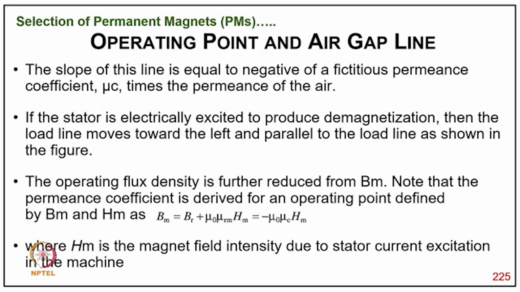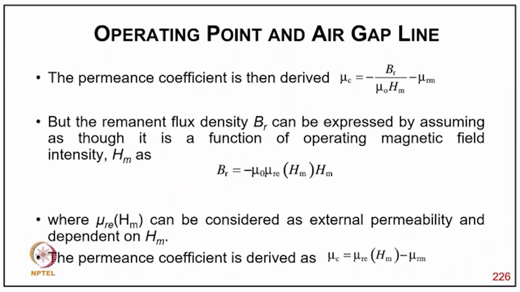So, Bm equals Br plus mu 0 mu Rm Hm, or equal to minus mu c Hm, where Hm is the magnetic field intensity due to the stator current excitation in the machine. So, the permeance coefficient can be derived as mu c equals minus Br upon mu 0 Hm, minus mu Rm.